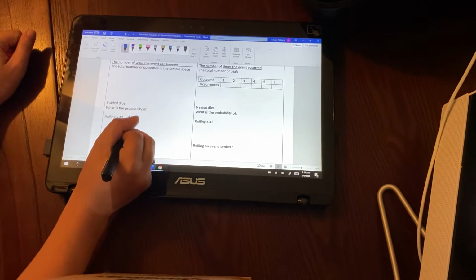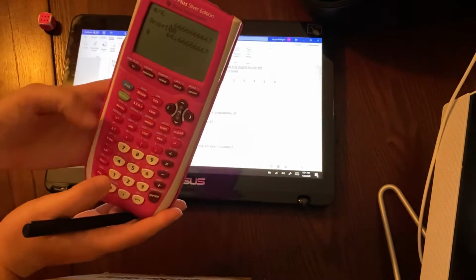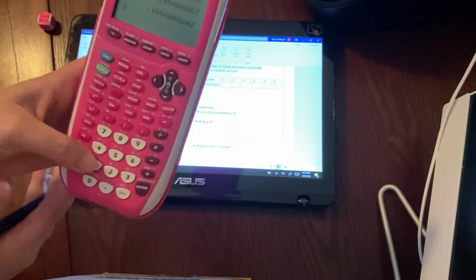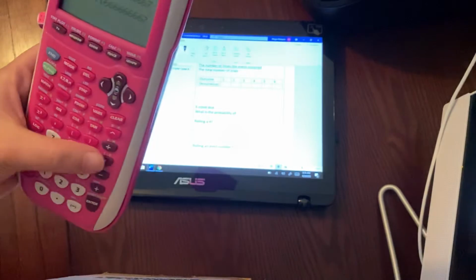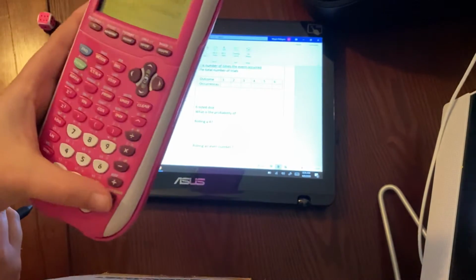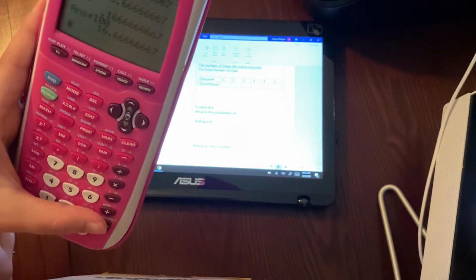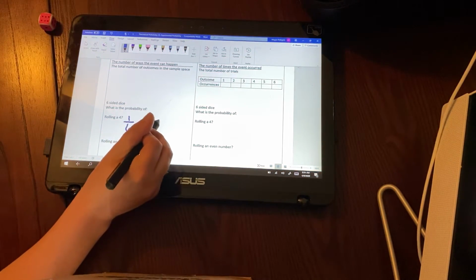So 1 out of 6. And let's change that into a percent. So 1 divided by 6 is 0.16. I'm going to change that to a percent by multiplying it by 100 or moving that decimal 2 places to the right. So there's a 17% chance.